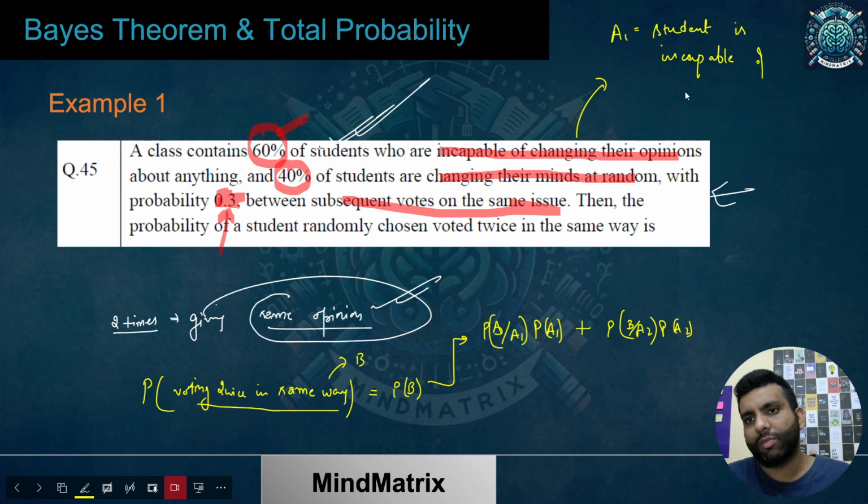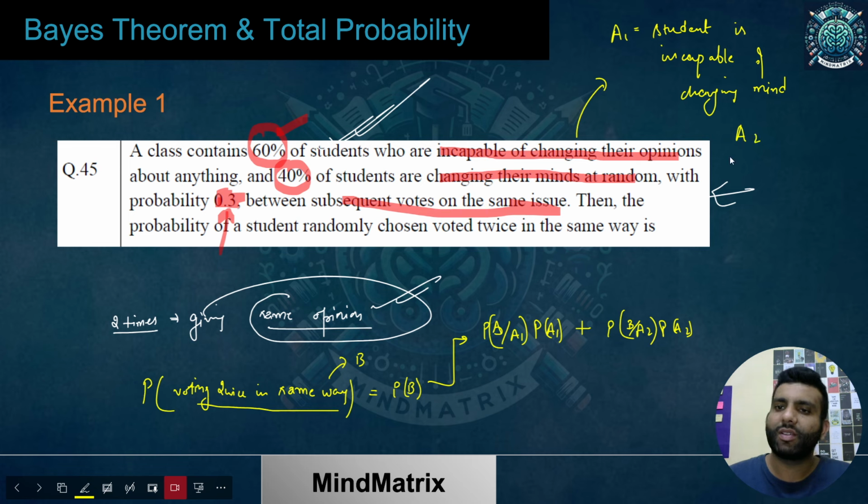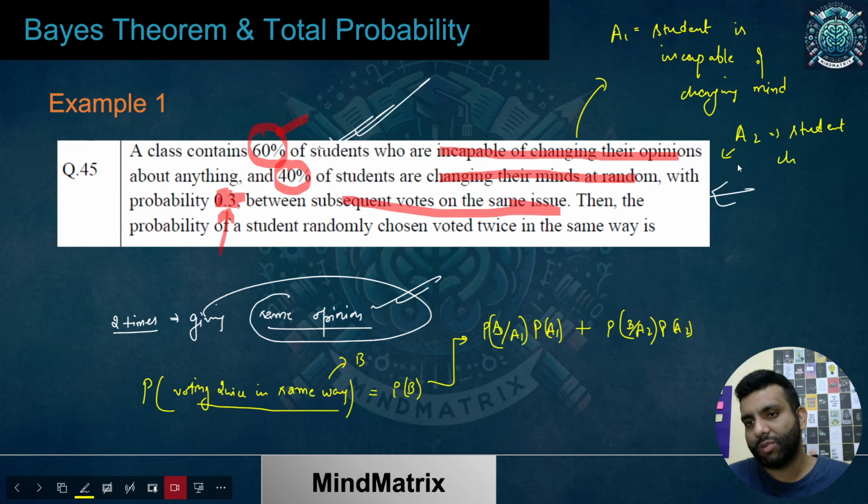And A2 is where the student changes opinion randomly.